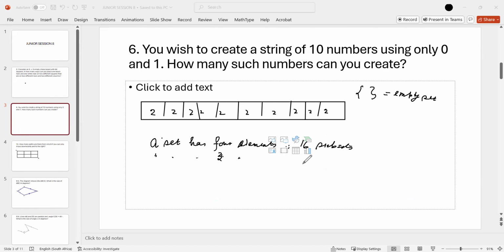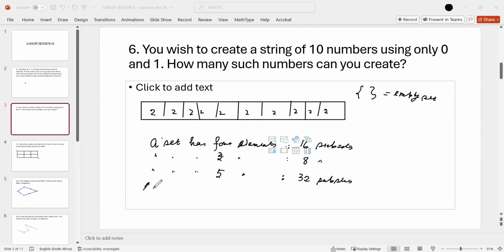I can put 3. Here it's got 8 subsets. It's harder to look at a set which has got 5 elements. It takes you some time to list all of them, but you'll get 32 subsets. And you can see there is a pattern here.